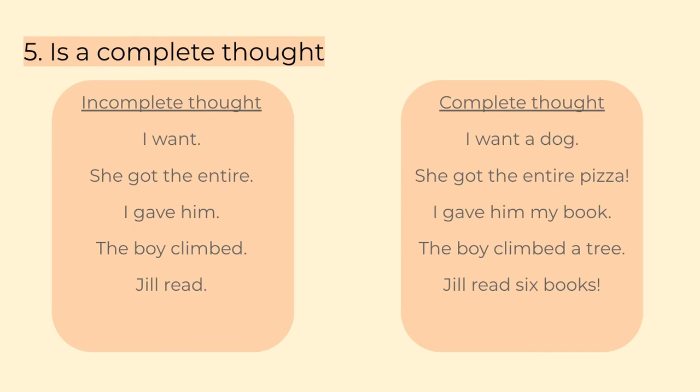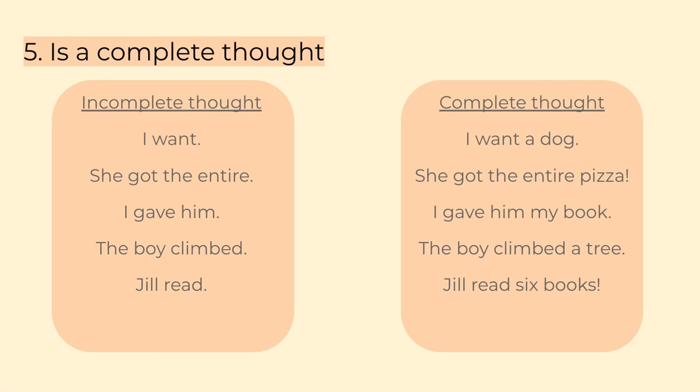I gave him. So you would ask, I gave him what? The way to make it complete is, I gave him my book. The boy climbed. We don't know what the boy climbed, so to make it a complete thought, we would say the boy climbed a tree. Jill read.